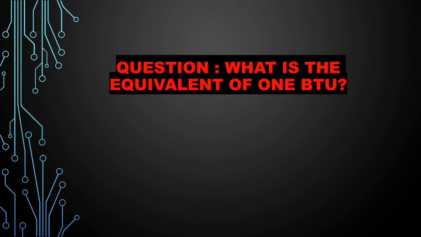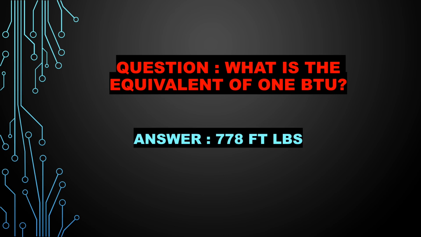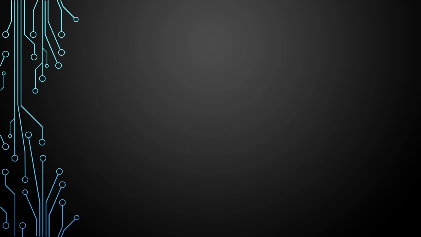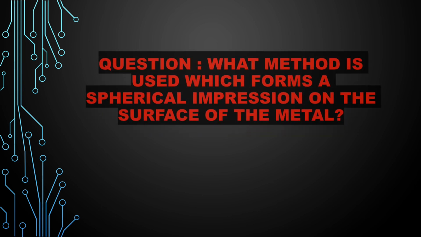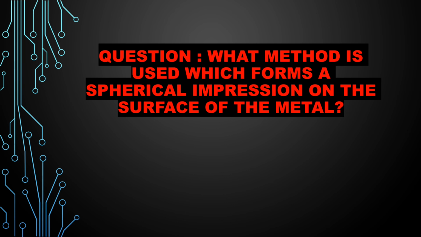Question: What is the equivalent of 1 BTU? Answer: 778 foot pounds. Question: What method is used which forms a spherical impression on the surface of the metal?